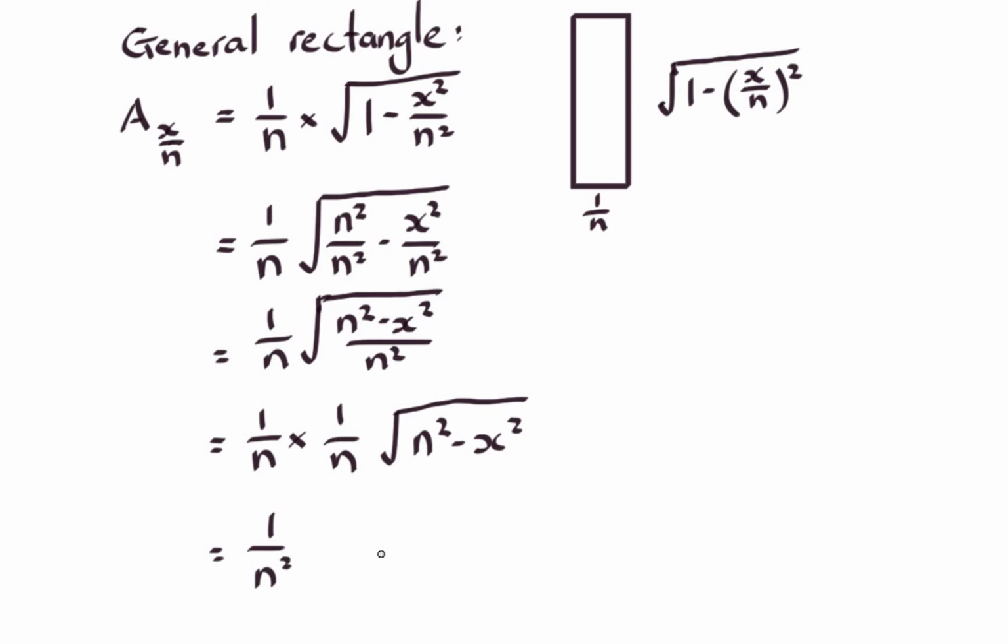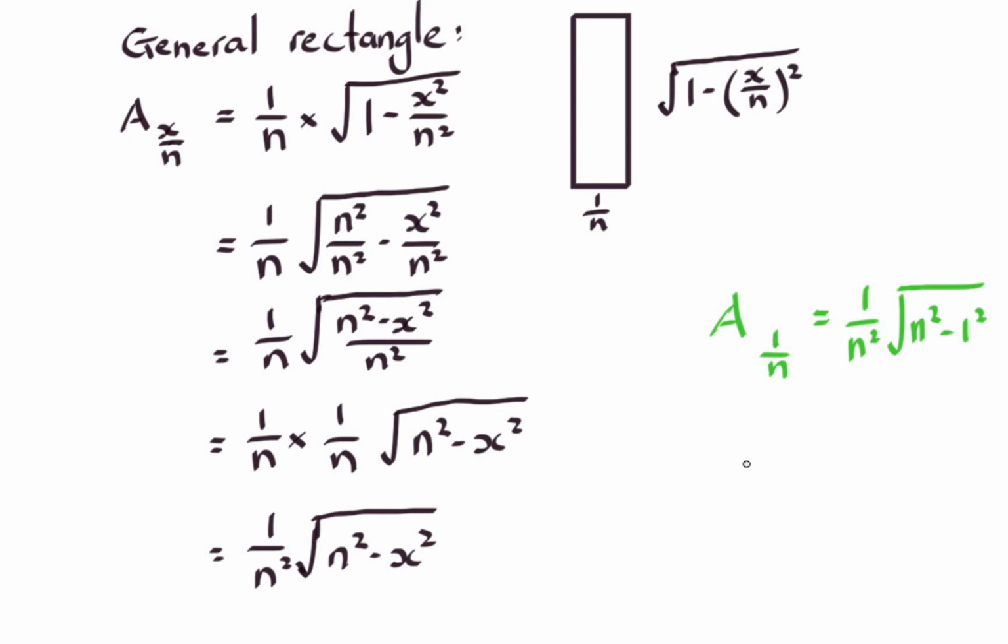So if we apply what we've seen here with some general rectangle to our different values, we see that no matter what x is, so if we come back here and we say, let's look at the area of 1 on n, right? That 1 on n rectangle. And so we replace x with 1. We're just going to end up with 1 on n squared outside of n squared minus 1 squared.